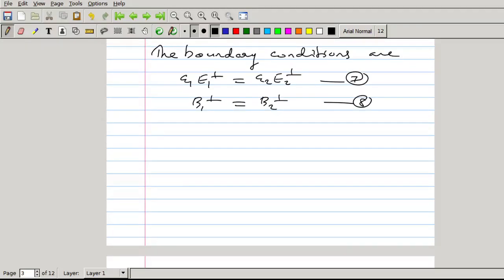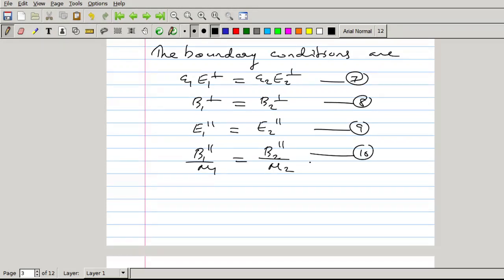The next boundary condition is E1 parallel equal to E2 parallel, equation 9. The last boundary condition is B1 parallel by mu1 equal to B2 parallel by mu2, equation 10. So we should apply the boundary conditions and equate the total wave electric and magnetic field vectors on the left hand side of the interface to the waves on the right hand side of the interface.